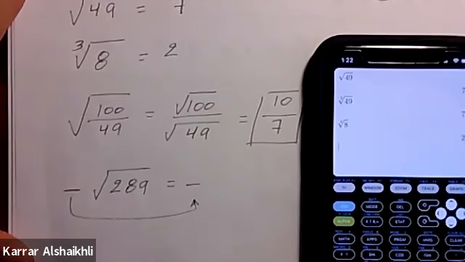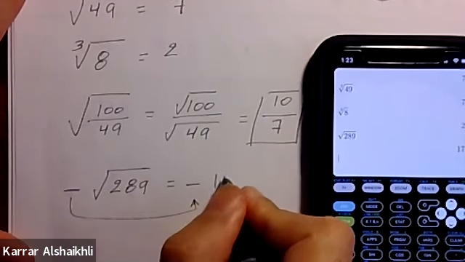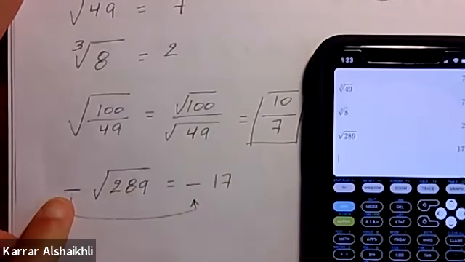So math, or you can use this one, it's the same thing. And here's the square root of 289. It's going to be 17. I have the negative outside, so it's going to be negative 17, because I'm not going to do anything with the negative sign. I'm just going to write it down exactly the same.